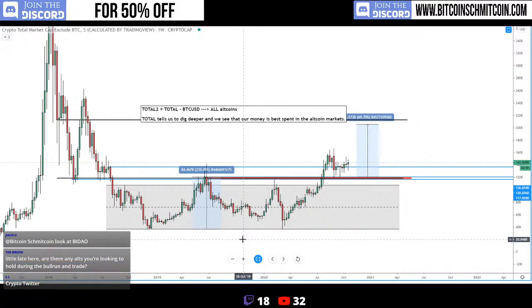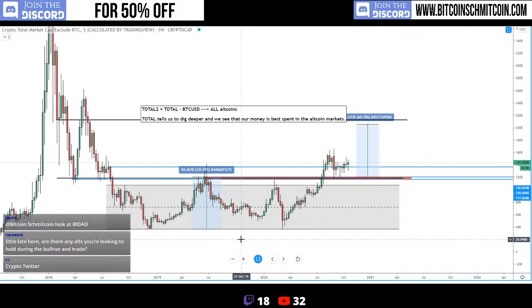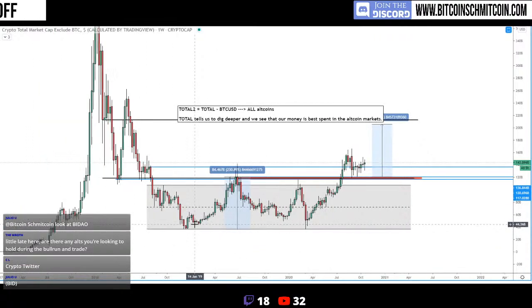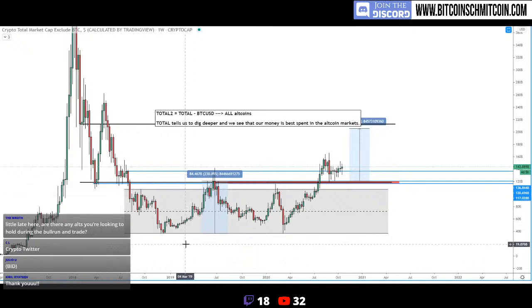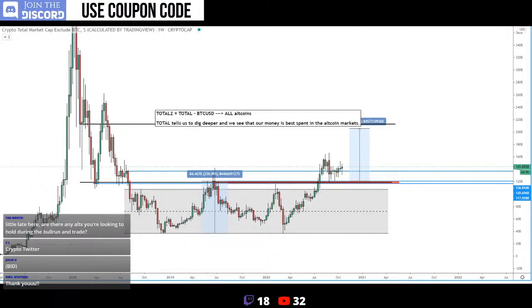A little late here. Are there any alts you're looking at to hold during the bull run and trade? Yeah. If you're just getting here, I haven't even talked about specific coins yet, so just hang in there. I want to get this total market cap discussion out of the way, and then we'll move on.